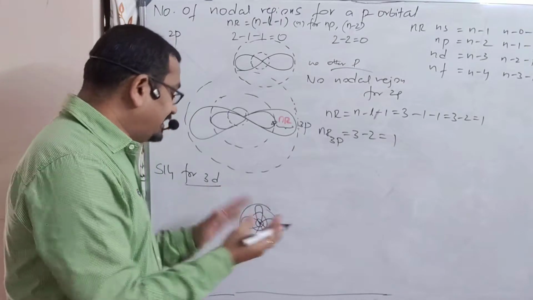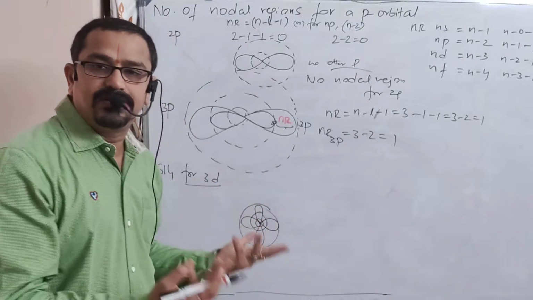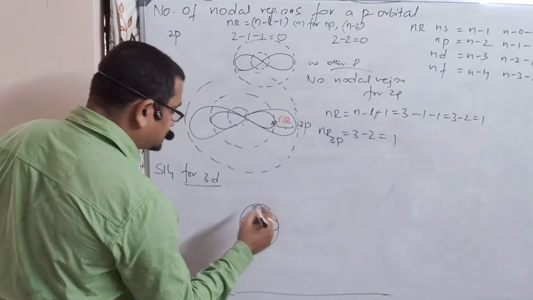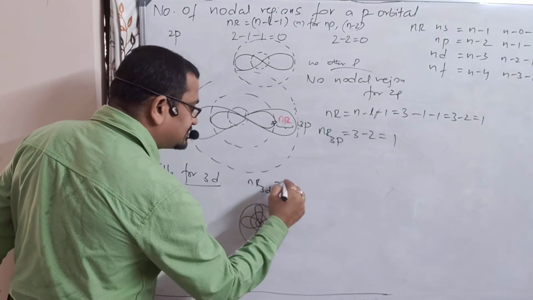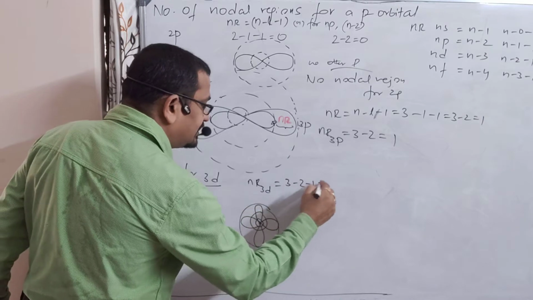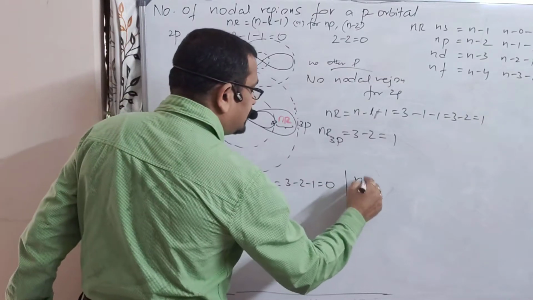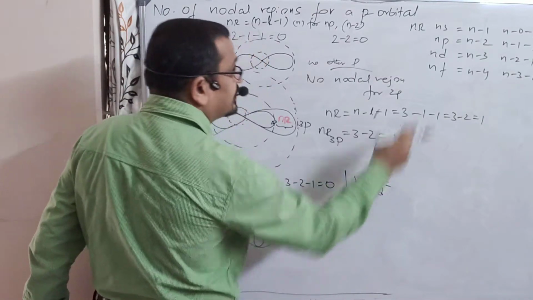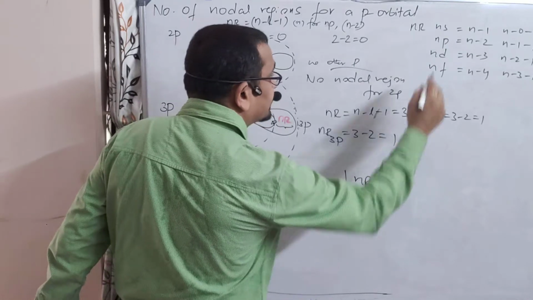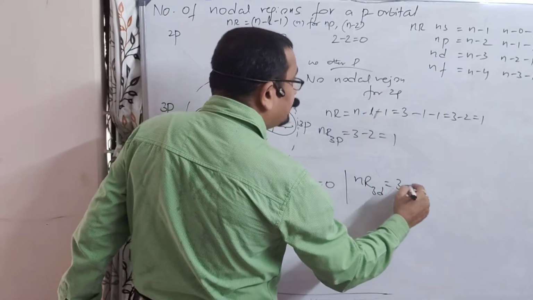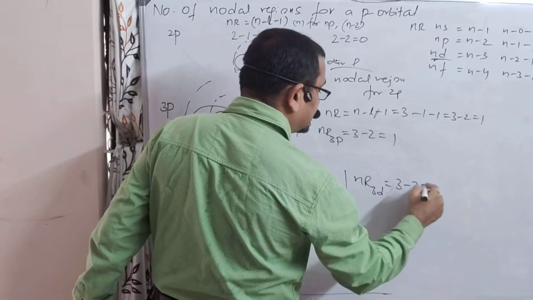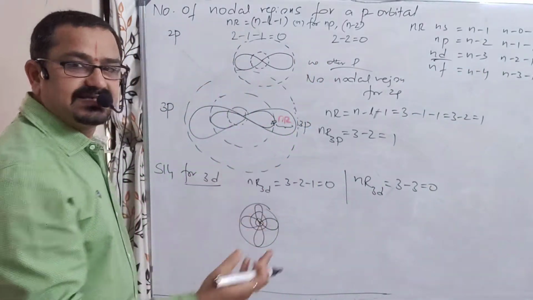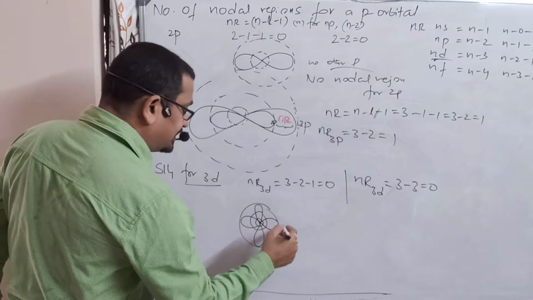That's why for 3d there is no nodal region possible practically. The nodal regions for 3d by formula is 3 minus 2 minus 1, 0. Or for a d orbital, what is the other formula? The direct formula, 3 minus 3, it is 0. Either way, it comes out the same. So the nodal region for 3d is 0.